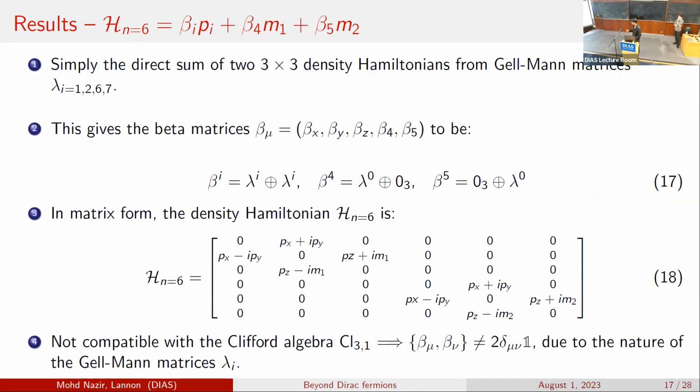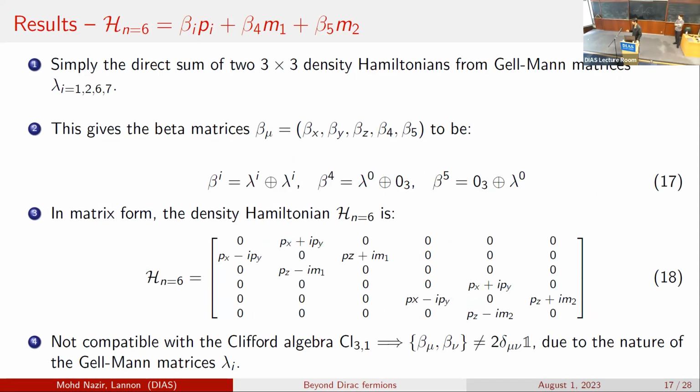And we obtained, for example, the 6x6 case for the resultant Hamiltonian. This was the very first result that we got for the 6x6, because we knew that 3x3 density Hamiltonians constructed from the Gell-Mann matrices gave the correct Dirac-like eigenvalues that we needed.